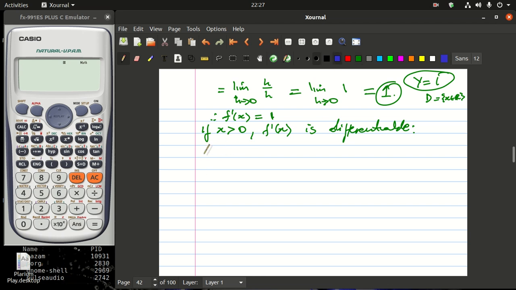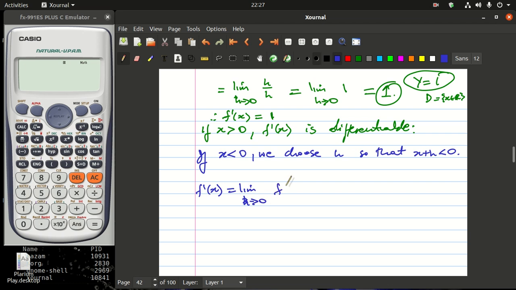Now let's try and use something else. If x is less than 0, we choose h so that x plus h is still less than 0. Now f prime of x is still going to be the limit as h approaches 0 of f of x plus h minus f of x, and then you divide this whole thing by h, and of course you still have the limit as h approaches 0 of this nice thing here.